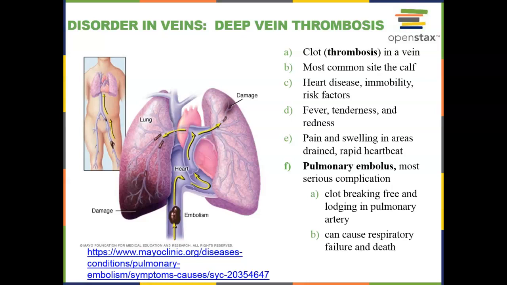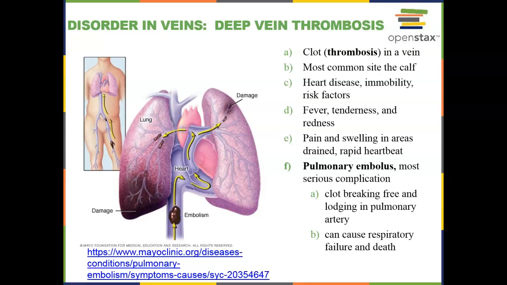And what really is going to be the major problem is if you have a thrombosis and it moves. So the thrombosis detaches from the blood vessel and it moves, and it becomes an embolus.